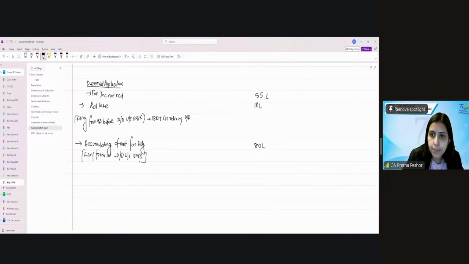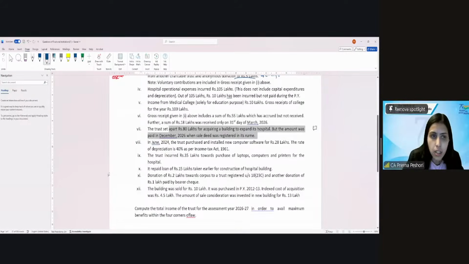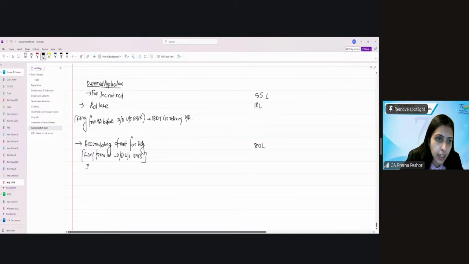Yes? So you can accumulate this amount and claim it as deemed application. Clear? But you need to invest till that time.